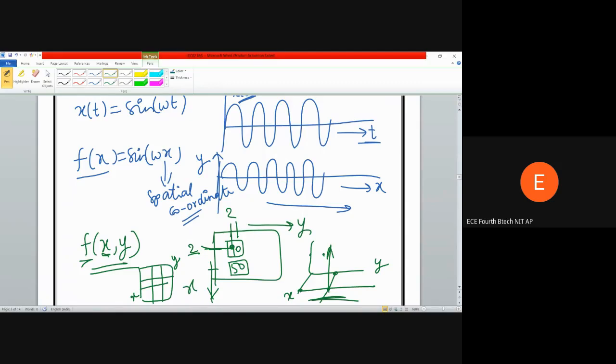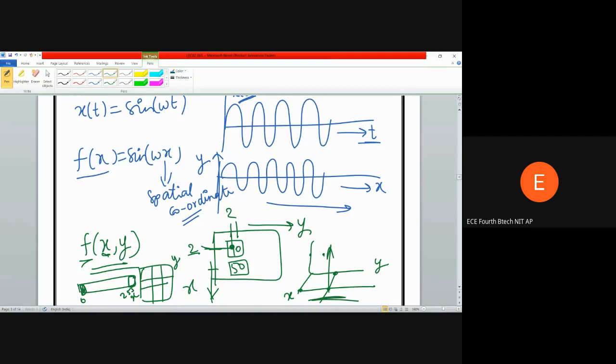Let me assume that this is one matrix, and this matrix takes values from 0 to 255. I will assign colors here, a color band of 0 to 255. 0 means a very dark color, and 255 means a very bright color.